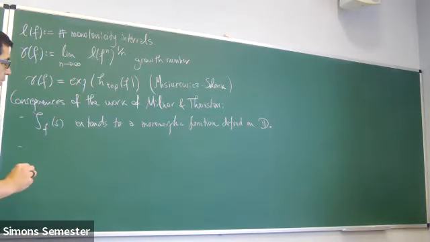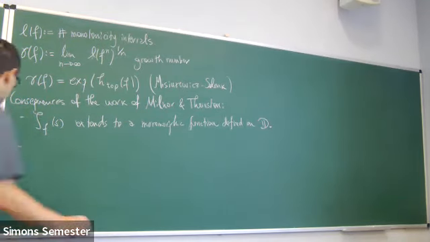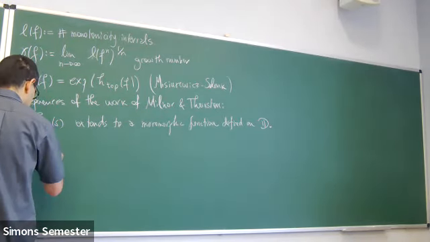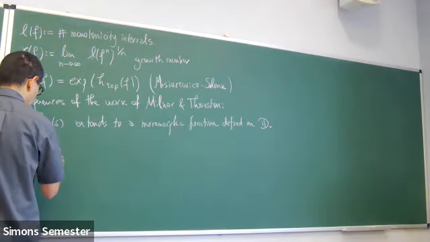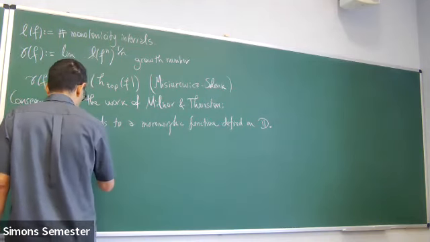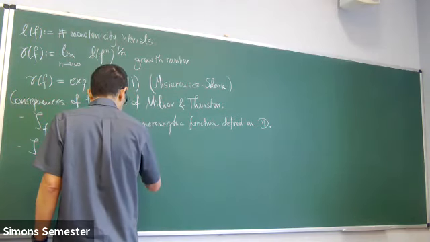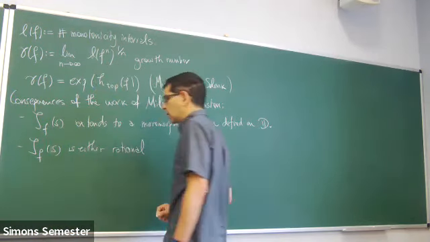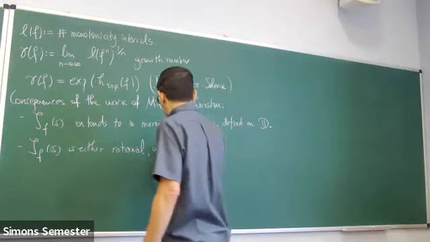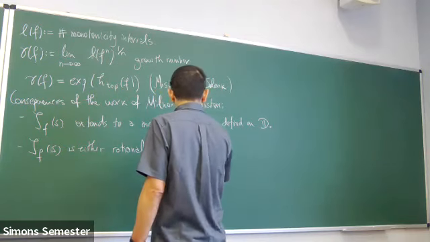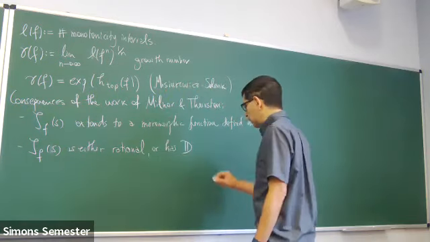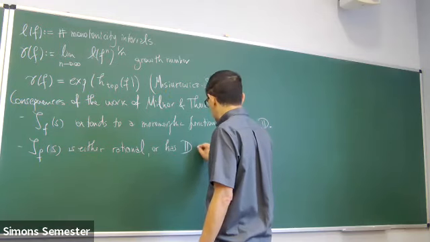Another consequence is that there is a very sharp dichotomy, actually. So it's either rational or it has the unit disk as a natural domain.